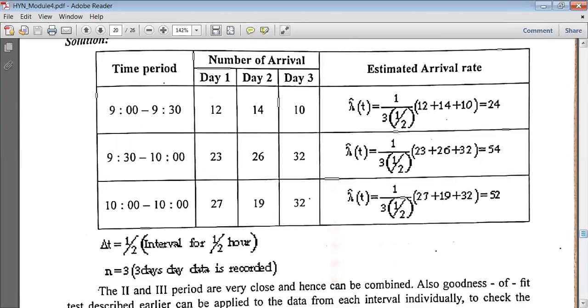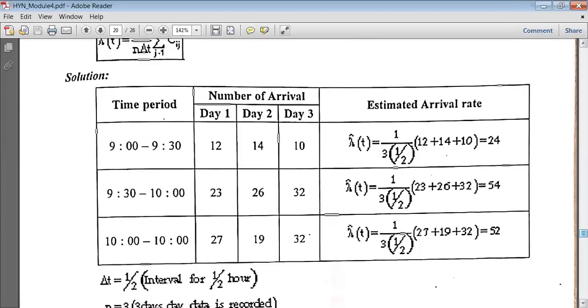Delta t is the time interval of the data, which is half, since every interval is half an hour. So it is 3 into 1 by 2. Cij is the summation: 12 plus 14 plus 10. If you add them and multiply by 1 divided by 3 into 1 by half, you will get the values as 24, 54 and 52.